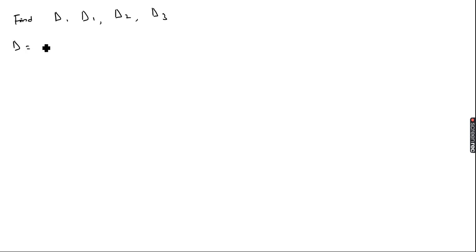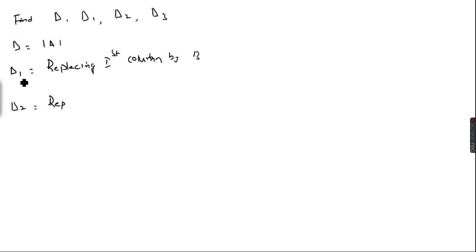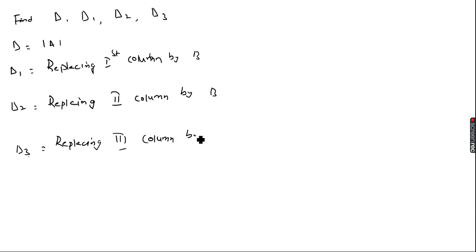Delta is nothing but the determinant of A. Delta 1 is nothing but replacing the first column by B. Delta 2 is nothing but replacing the second column by B. Delta 3 is nothing but replacing the third column by B; the 3 indicates the third column.